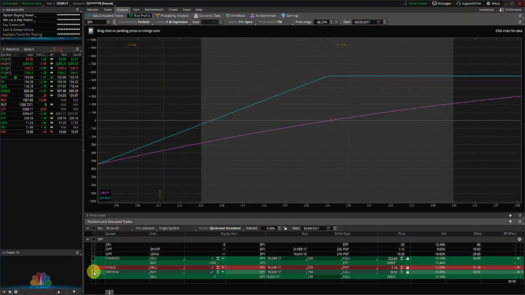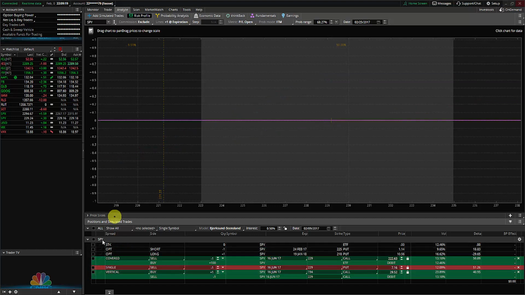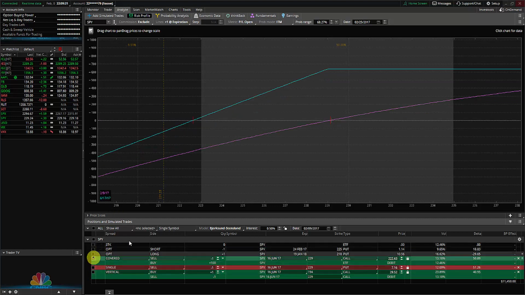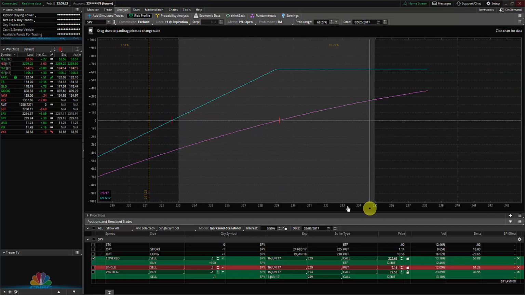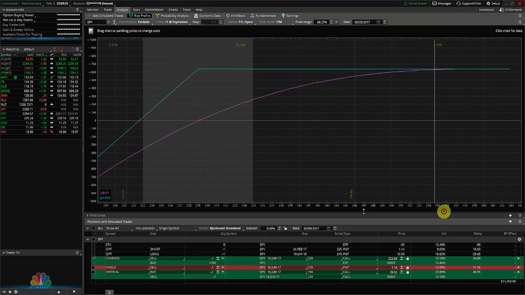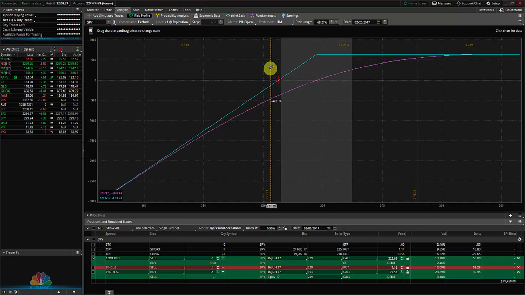Okay, so now we have all the three. Let's take a look at the covered call first. For the covered call, this is your risk graph. If the market stays above 229, this is the maximum profit that you can make, which is about $637.